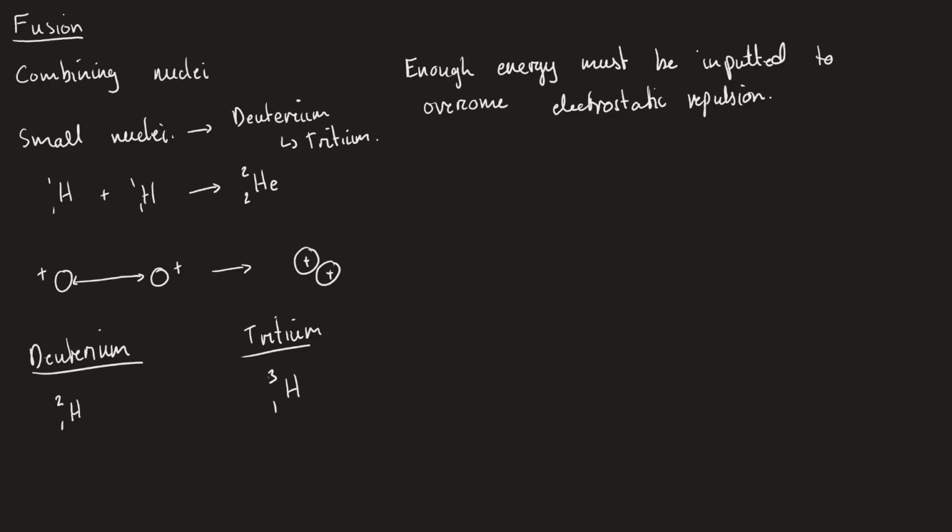In that case, if I were to change this equation into 2 deuterium isotopes, I end up with a helium 2 4, and this is the stable version. So most of the time when we're working with fusion, our fuel source is going to be deuterium or tritium.